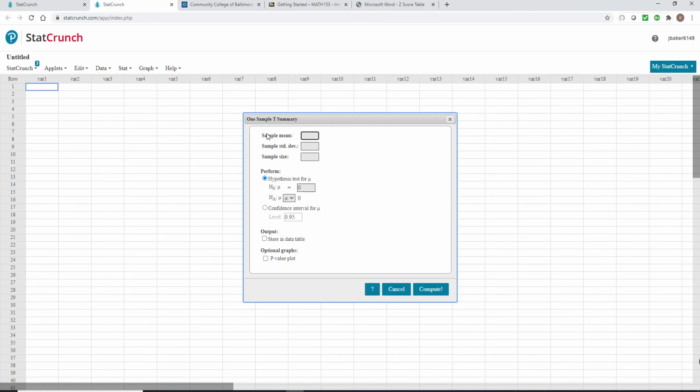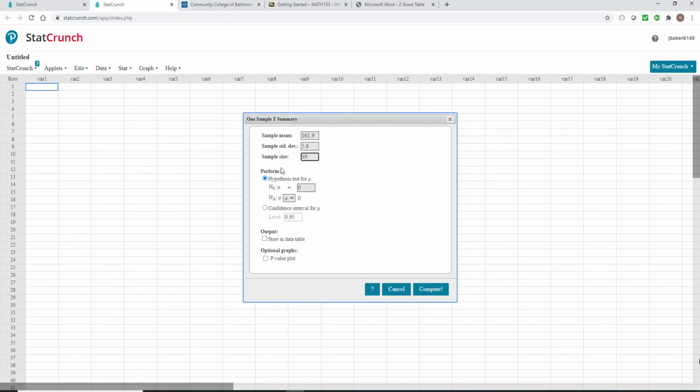The sample mean is the one that's going in first. So that's the 161.9. That is not the one from your arguments. Your standard deviation is 5.6. Okay. Your sample size is, where's my sample size at here? Oh, 39.